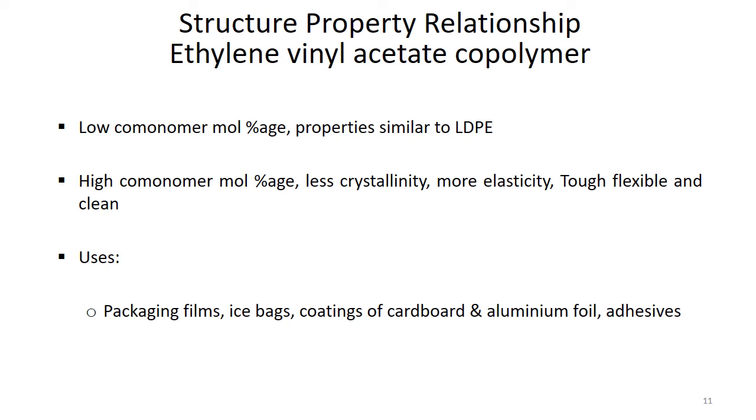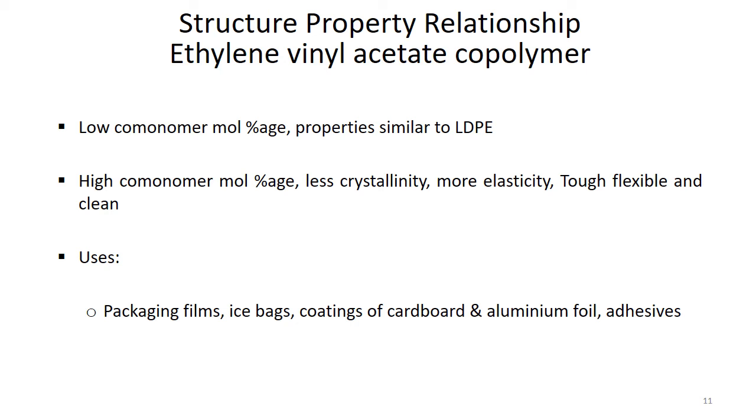The properties of ethylene vinyl acetate copolymer also vary with the ester content. At the lowest level of vinyl acetate, they have physical properties similar to those of low density polyethylene.